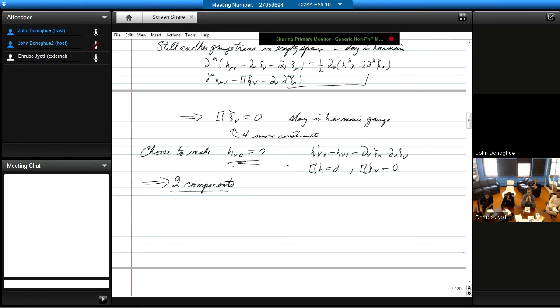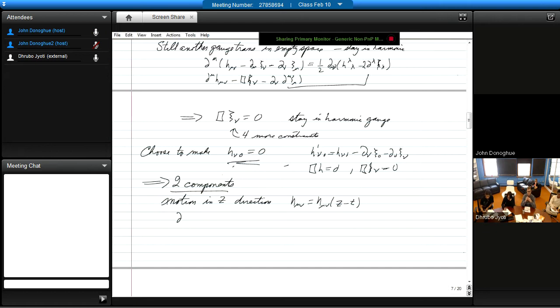Okay, let's do this motion in the z direction. So we know that h mu nu is some function h mu nu of z minus t. That's the wave equation moving in the z direction.